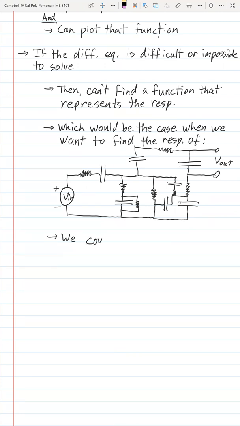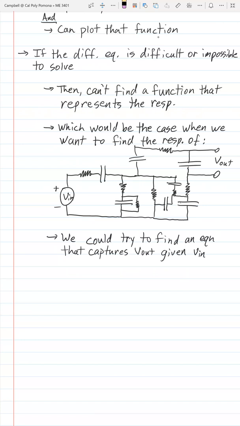So in theory, we, of course, could try to find an equation that captures Vout given some kind of Vin, and Vin can even be a time varying signal and generally will be a time varying signal as well.